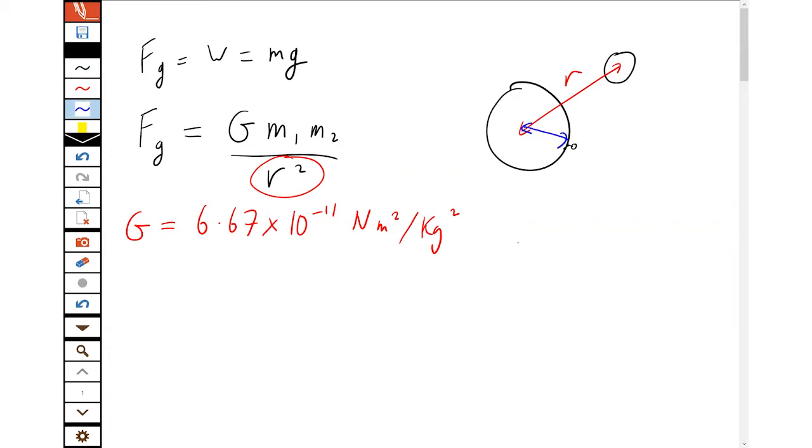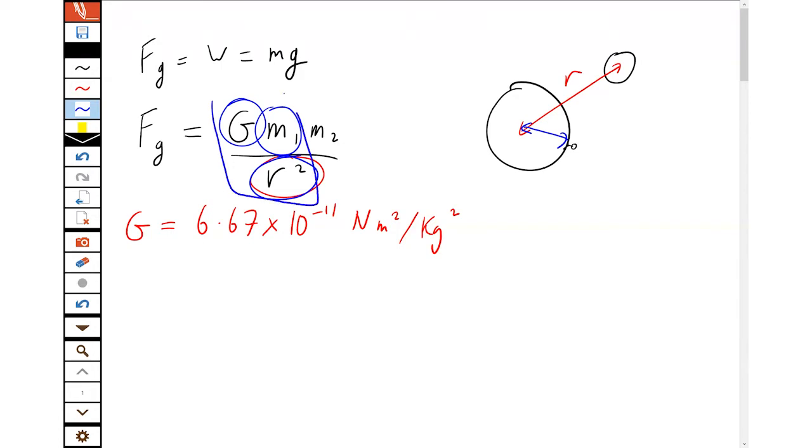So it's just from the center of the Earth up to the surface. In fact, this is something that happens quite a lot. We often talk about things on the surface of the Earth, so the radius is always pretty much the same. The mass of the Earth is always pretty much the same. And the universal constant of gravitation, well, I'll let you guess how often that changes.